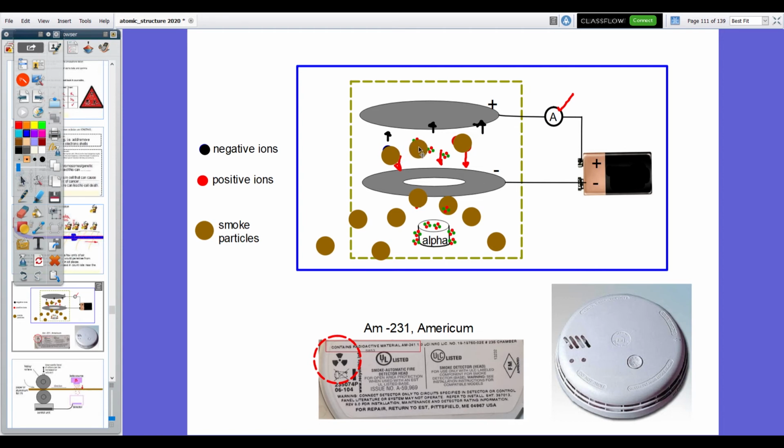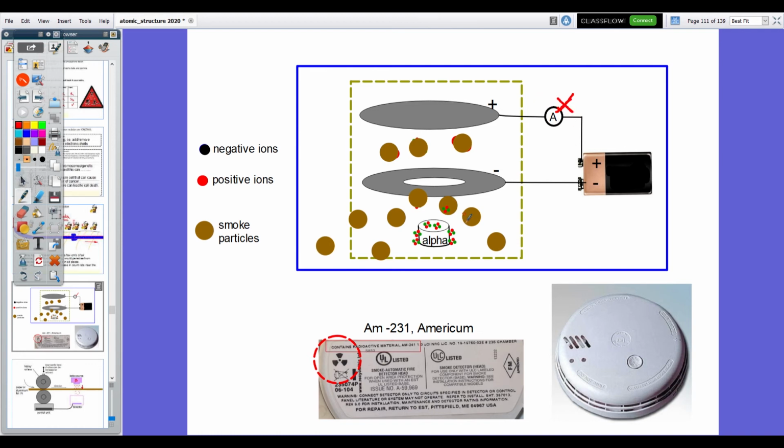So fundamentally we don't get any ions anymore in this central section. When there's no ions available to move here, because either the alpha particles haven't got there or the charged particles have been absorbed by the smoke particles, then the current stops.